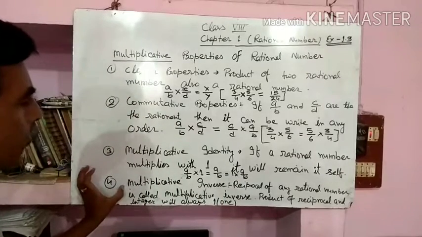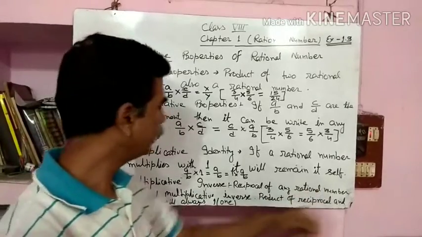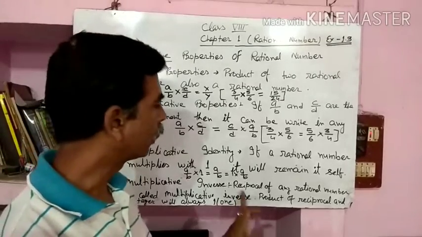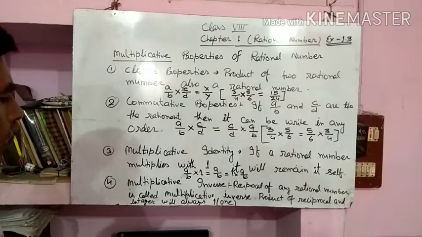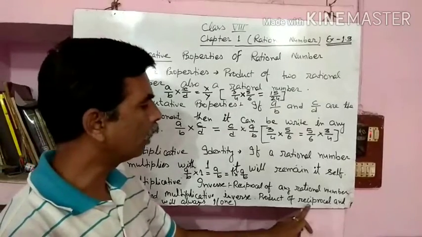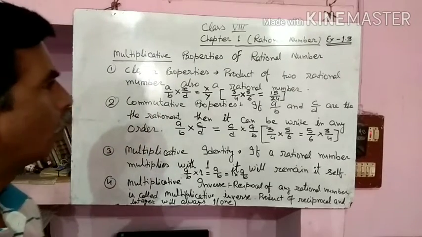The next one is the multiplicative inverse. The reciprocal of any rational number is called the multiplicative inverse. It says that the product of a number and its reciprocal is always 1.